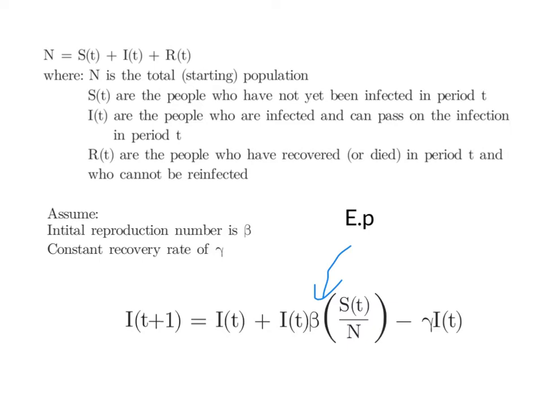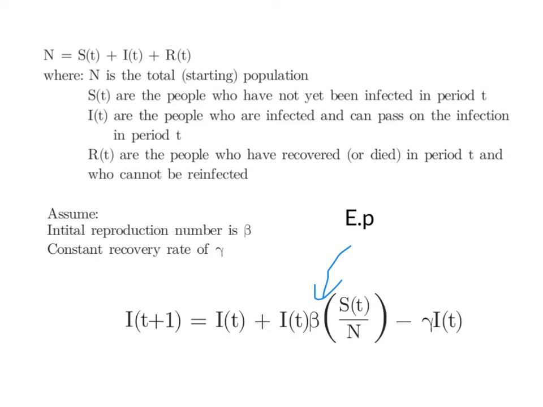Some of them have recovered already. So what we actually need to think about is the probability that you bump into someone, E, times the probability that that person is able to be infected, which is simply the fraction of our population who are susceptible. So it's a fraction of a population who have not either got the infection now, and you can't infect someone who's already infected, or who has recovered and they can't get infected again.